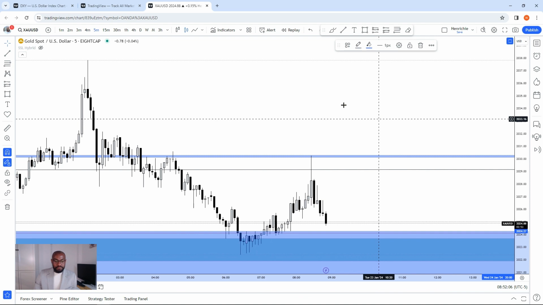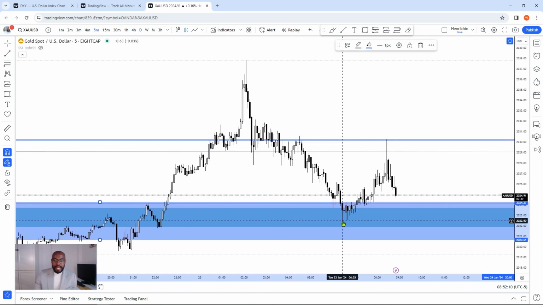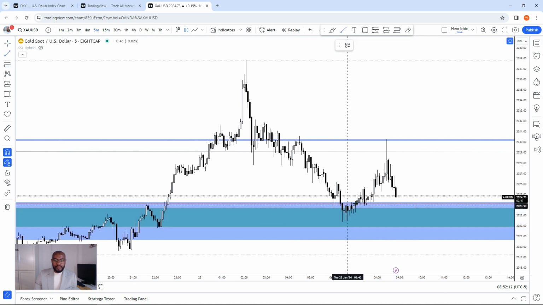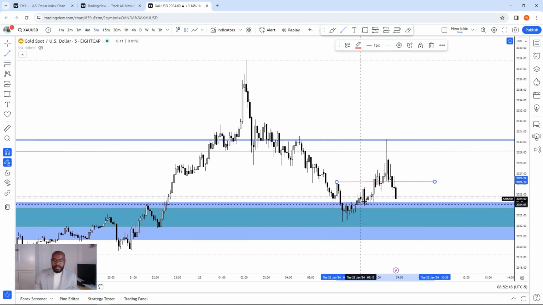And I'll be watching it closely because right here, we made a high, a low. This was a high, this was a low, and this was a break of structure right here.